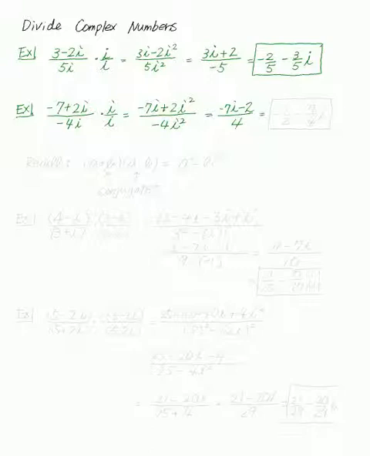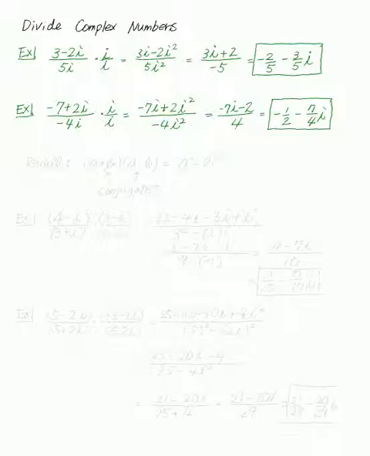I'm going to end up with negative 1/2 minus 7 over 4 i. So negative 1/2 minus 7 over 4 i is my final answer. That is in standard form, the a plus bi form. If you can, you always want to write your final answers that way.